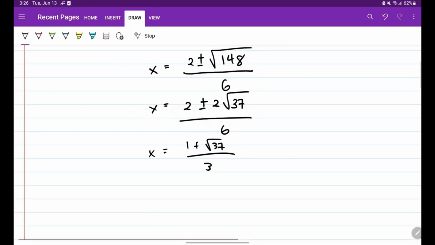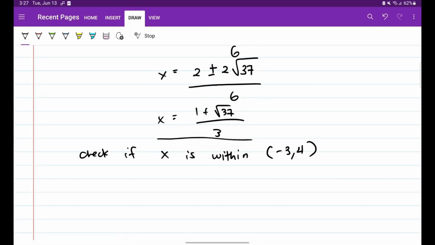So lastly, check if x is within negative 3, 4. So we need to estimate itong square root ng 37. So we can estimate square root ng 37 as 6 point something. Hindi natin alam kung ano ba yung something na yun.